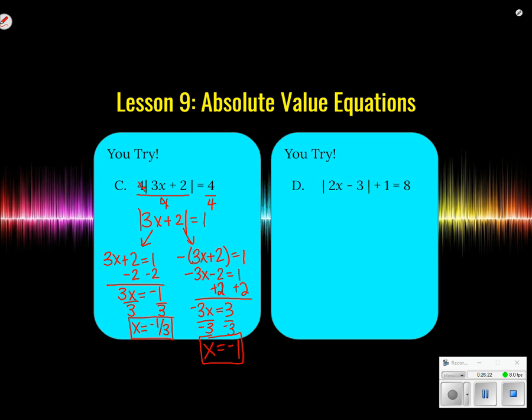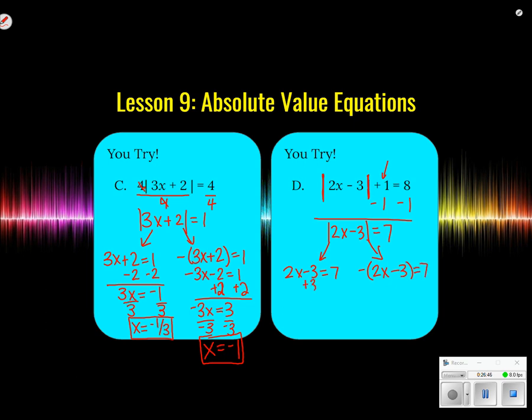Alright, let's look at D. We got to isolate our absolute value. So there's the absolute value. This needs to move. I'm going to subtract it. So absolute value of 2x minus 3 equals 7. Now we can split it up. 2x minus 3 equals 7. Negative 2x minus 3 equals 7.